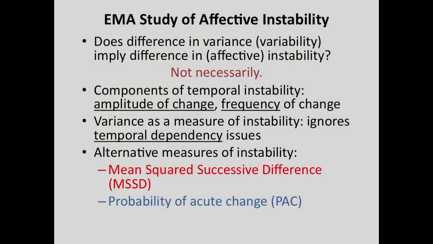However, a little minor point here: it turns out that just looking at variance is not a good way of assessing this, because that doesn't take the moment-to-moment change into account, especially that temporal dependency issue. So we used some alternative measures to look at instability: the mean squared successive difference, and something that we came up with, the PAC, the probability of acute change.